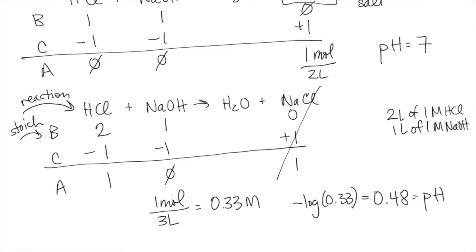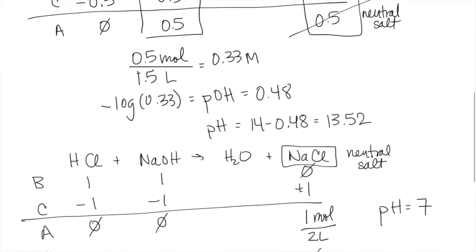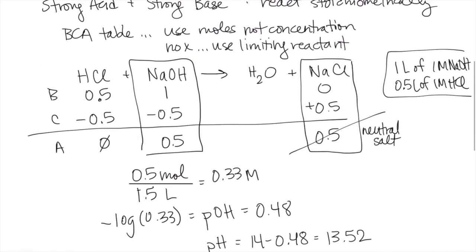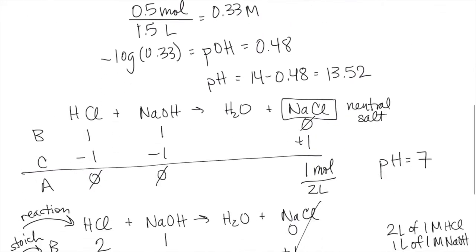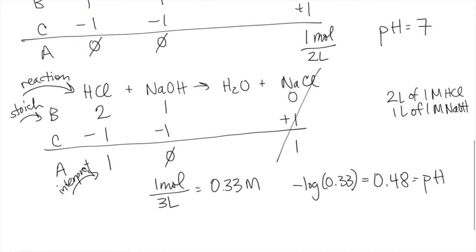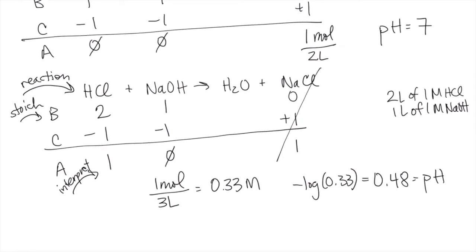And then third thing, we're going to interpret the results. What do I have at the end? In this case, I had a strong acid left over. In the prior case, I just had a salt and that didn't matter. And if I go back to the first example, I had excess base, and so that made a difference. That's what we did for our strong acid, strong base.